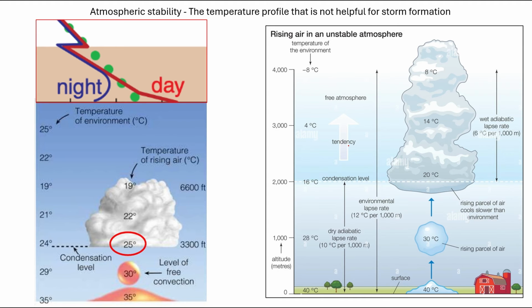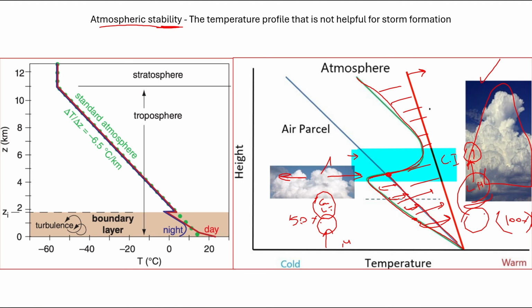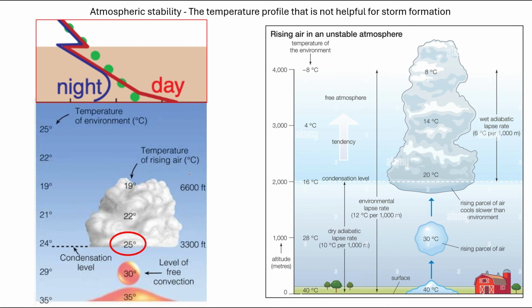So same thing, same graph for 50%, 100%, just as an image I have shown. So the heated air particle keeps on rising. Compared to that, the temperature is always high due to the latent heat release. So it keeps on rising, and at a particular altitude condensation happens, so there is a cloud formation. But you see here 19, here 19. But after that, there is an inversion layer, that is, the temperature again starts increasing.